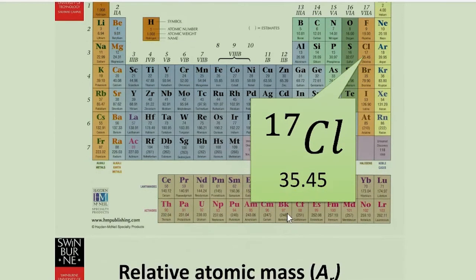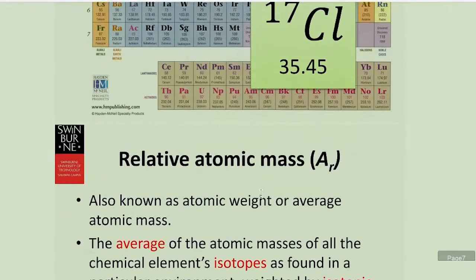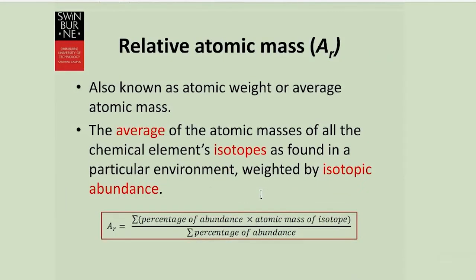Well, it is because they have different isotopes in nature, and these isotopes occur in different percentages in nature, depending on the conditions of nature, the temperature, pressure, and many other things. So they stay in different percentages.